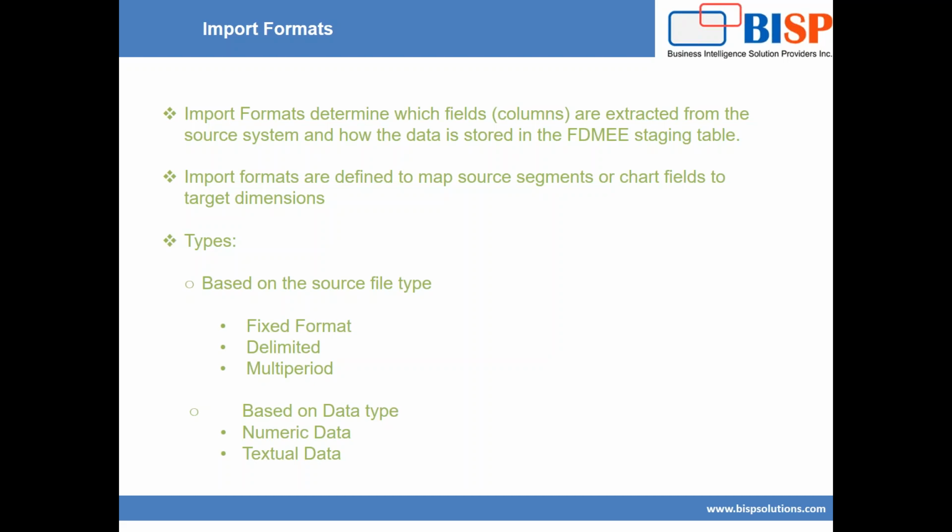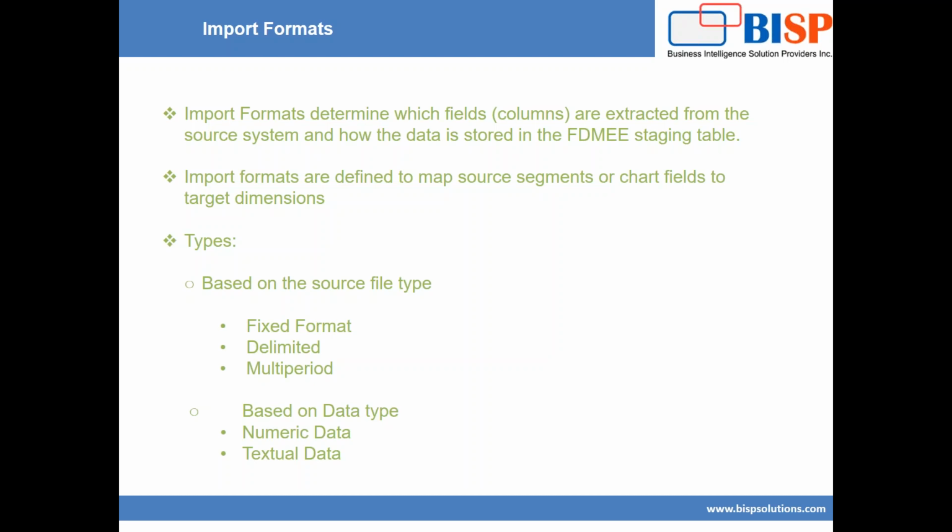Okay, so there are certain tricks also which are possible in the import formats based on what we have and what kind of data file we are receiving. We can add or remove dimensions from this dynamically. All of these are possible. If you want to hard code any dimension member, you can do that.